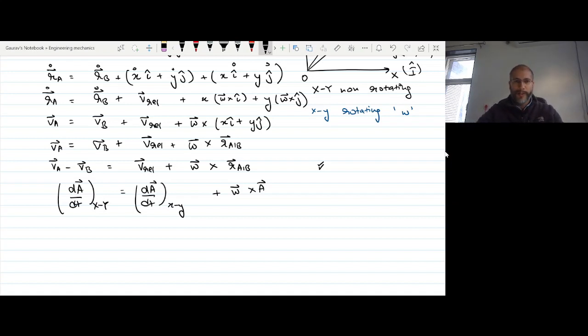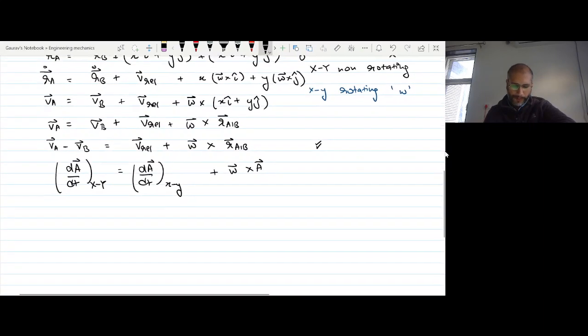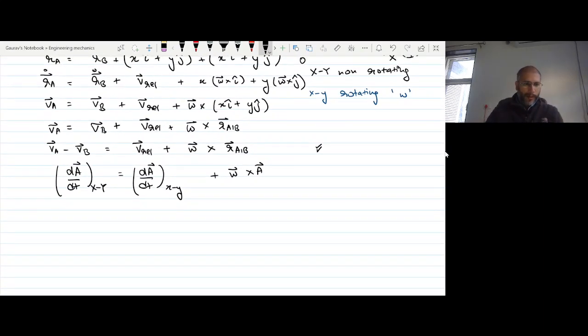Let's talk about acceleration as well. How do we link the acceleration of a point if it's measured from a rotating axis? So the acceleration of point A is simply the derivative of the velocity, so we differentiate.